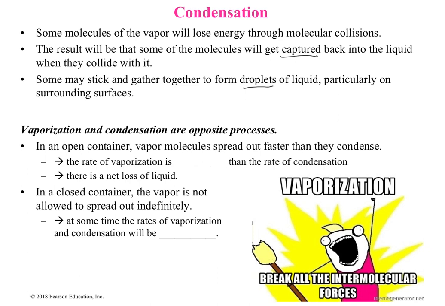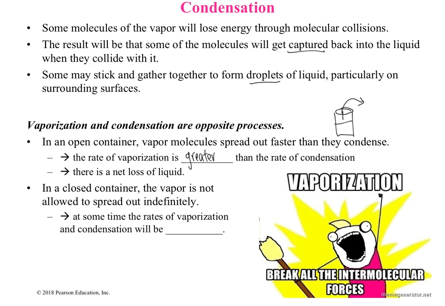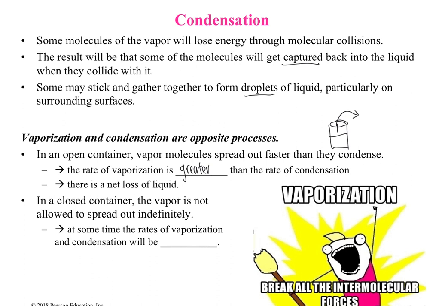So let's say we have an open container. If we go into the vapor phase, our molecule can escape, so our rate of vaporization is going to be greater than the possibility to recondense. The possibility in an open container that your molecules are going to hit back into the liquid is not very likely.